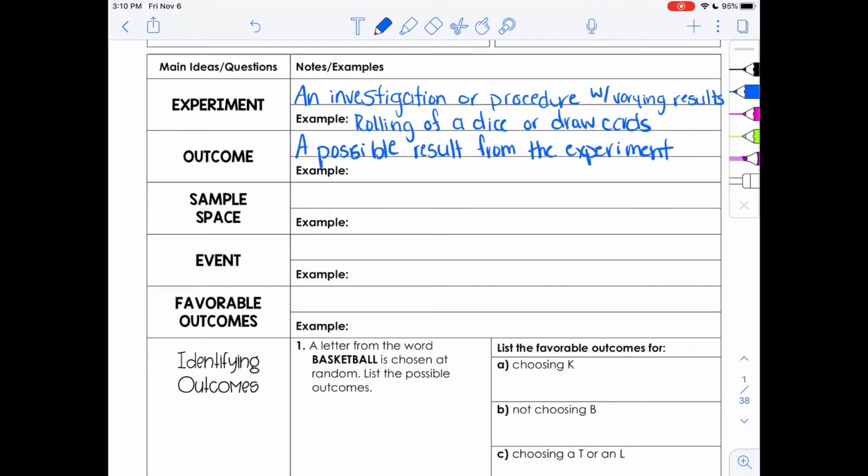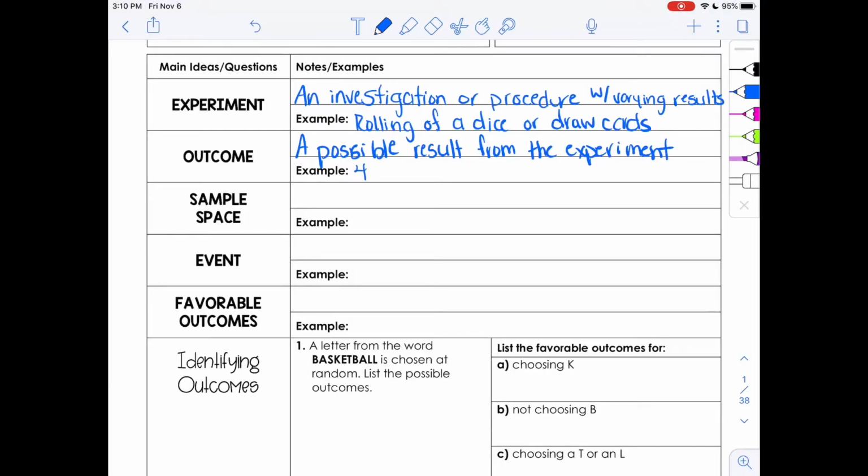Or when you roll a dice, the dice can land on multiple sides. So your outcome is the possible results that could happen. So for an example, if you were to roll the dice, it could possibly land on the number 4. Or the same thing with a spinner. If your spinner has different numbers on it, the spinner could possibly land on the number 4.